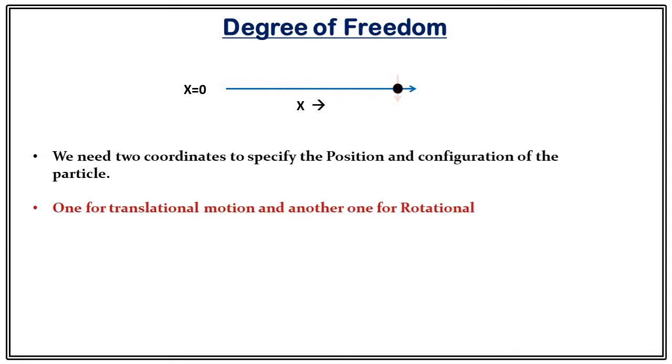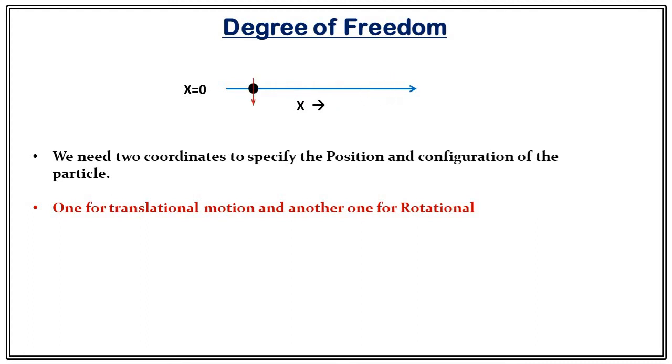One coordinate we need is for translational motion and another coordinate we need for the rotational motion. One coordinate x you need to specify its position, another coordinate you need to specify its rotation about that axis.